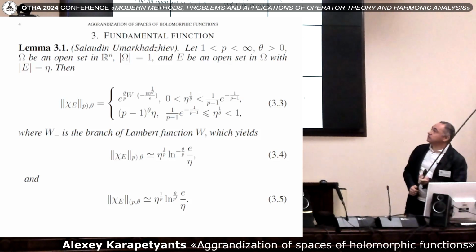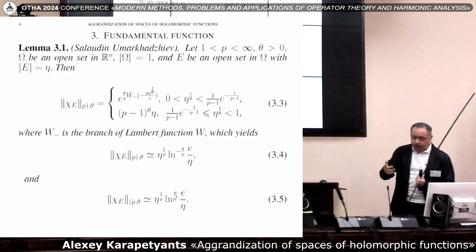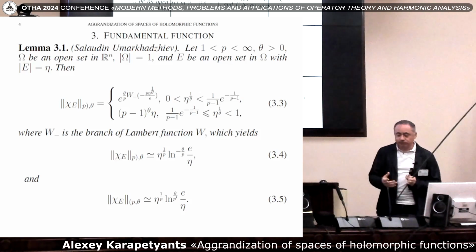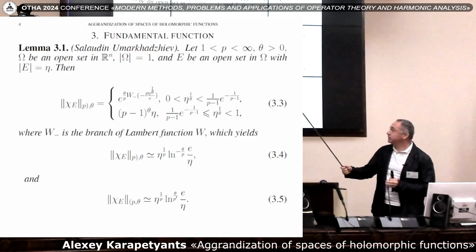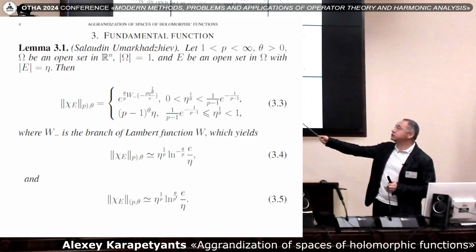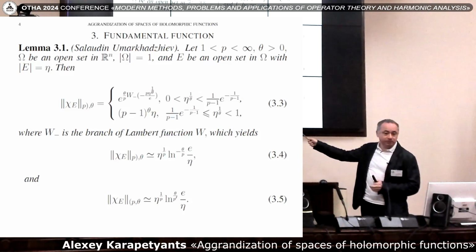Also, Salaudin Umarkhadzhiev calculated, for instance, the norm to have an idea what a grand space is. Sometimes it's good to look at the fundamental function. Fundamental function is the norm of the characteristic function of a set. So you probably remember that the fundamental function for L^p is t to the power 1 over p.